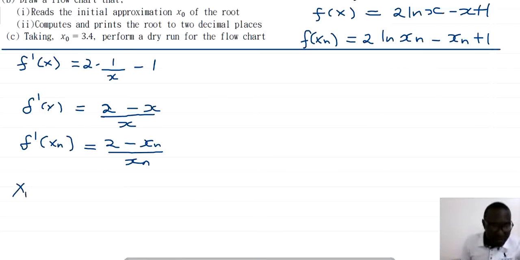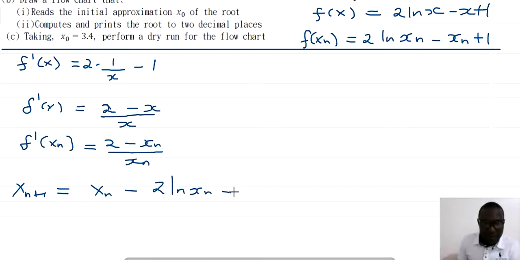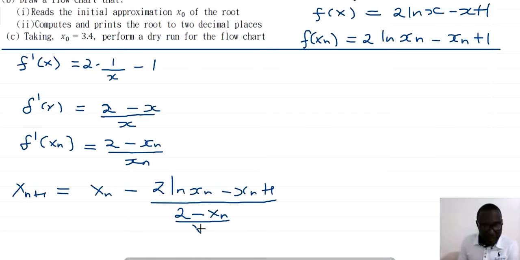We shall have xn plus 1 equal to xn minus f(xn), which is now 2 ln xn minus xn plus 1, everything over f derivative of xn. So we shall have 2 minus xn divided by xn.